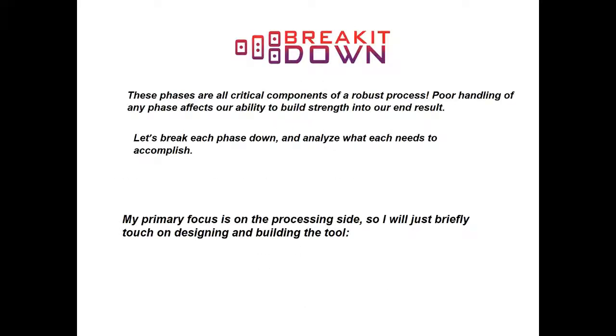So these phases are all critical components of a robust process. Poor handling of any phase affects our ability to build strength into our end result. So let's break each phase down and analyze what each needs to accomplish. My primary focus will be on the processing side, but I will briefly touch on design and building.